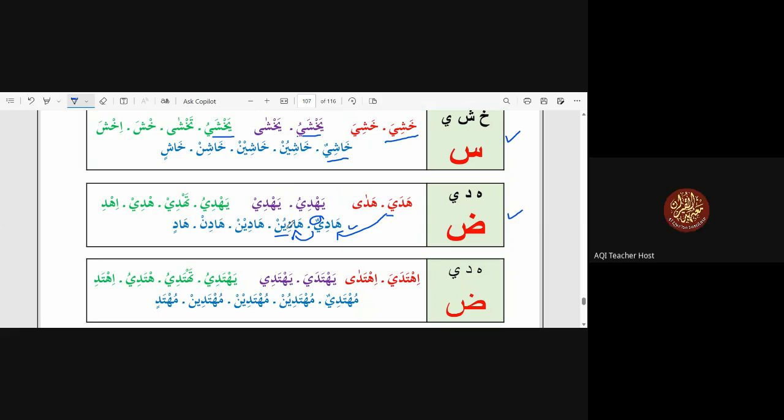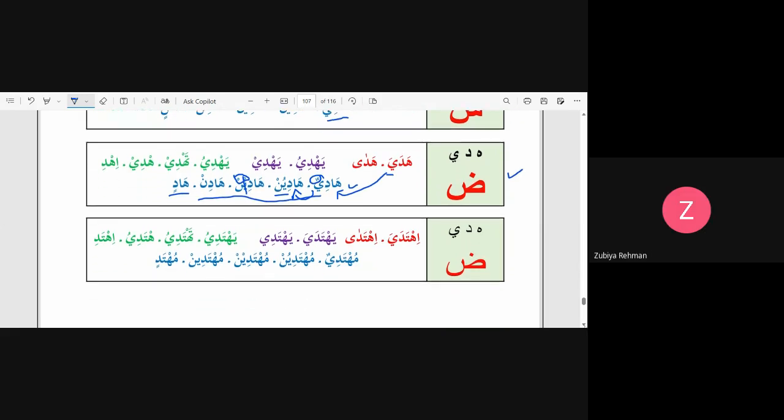With dhamma it's difficult to pronounce, so it will get sukun, and then the next process is two weak letters side by side, so the weak letter will drop, and then it will be hadin with tanwin. This makes it simpler. So this is the whole operation process from the original to the simple version. Mashallah. Good. Sorry, maybe I skipped this part.